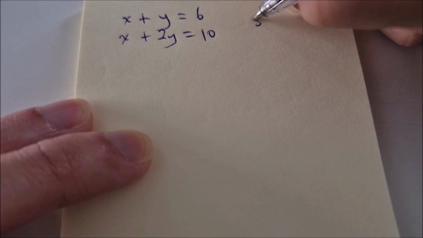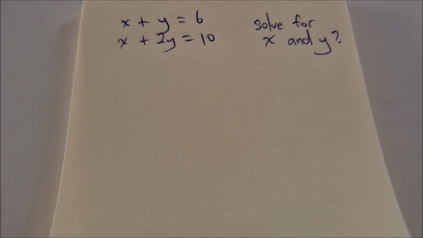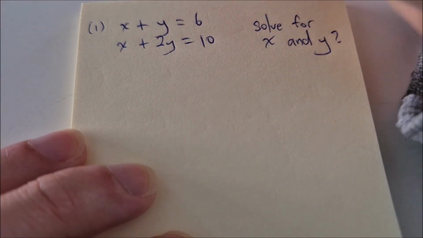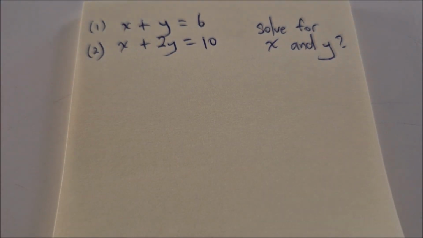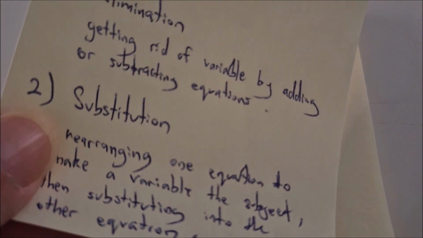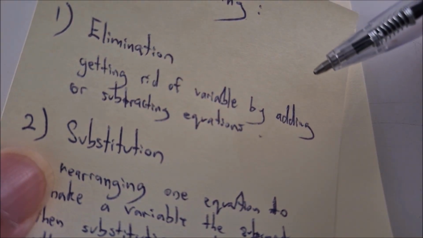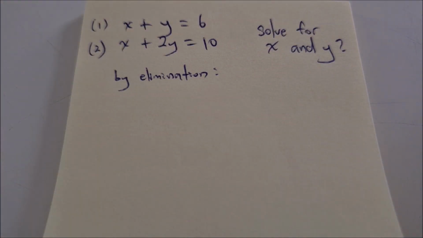We want to solve x and y. Okay, so one thing that is a good habit is to label each equation with a number. So let's say this top one is equation 1 and this one is equation 2. So remember, elimination is getting rid of a variable by adding or subtracting the two equations. So let's see how that's done.